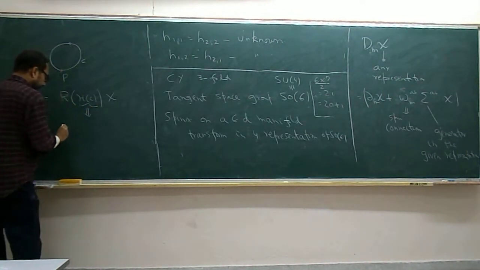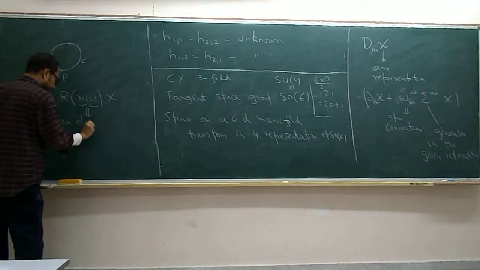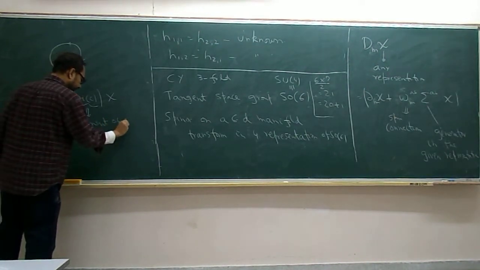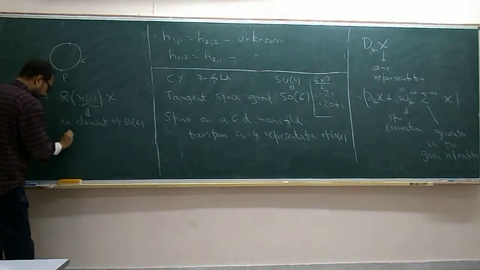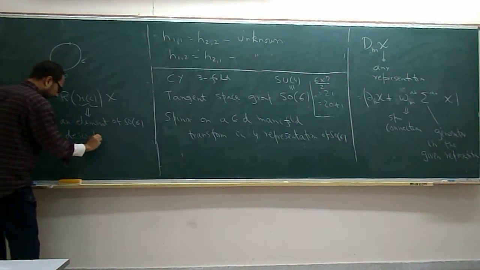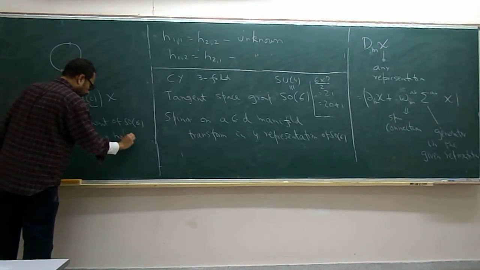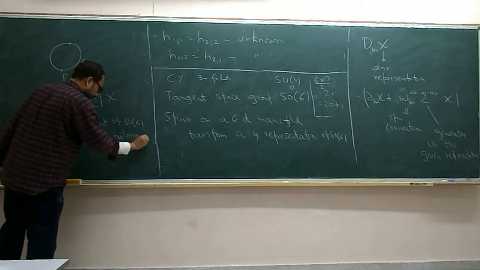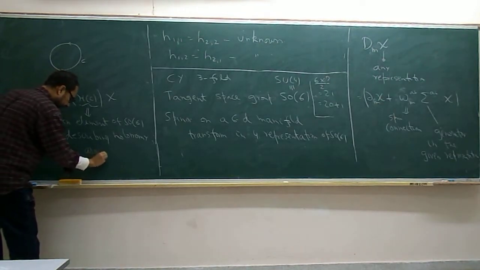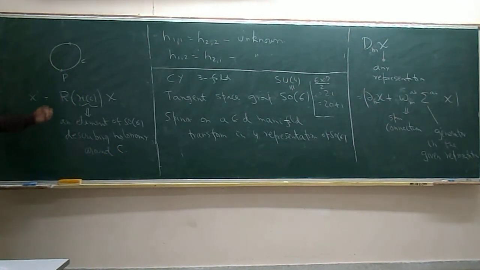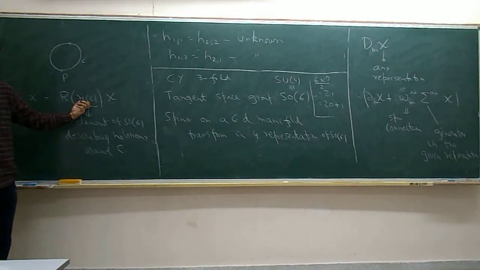This is an element of SO(6) describing holonomy around C. So if you are a vector field, then vectors would come back multiplied by this H of C. This is an element of the SO(6) group. R means simply that it's the representation of that particular group element in the representation into which chi belongs.